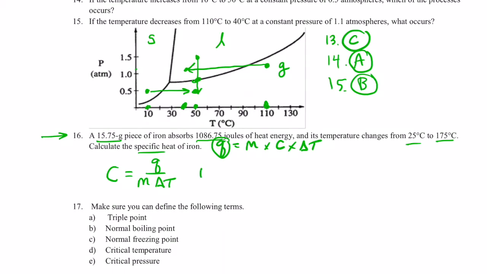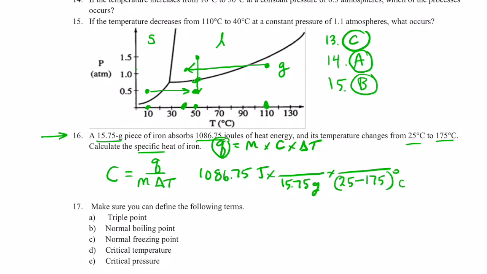Q for this is 1,086.75 joules. The mass of the object, remember, is 15.75 grams, and the delta T is the difference between 175 and 25. So we're going to go from 25 to 175 degrees Celsius.